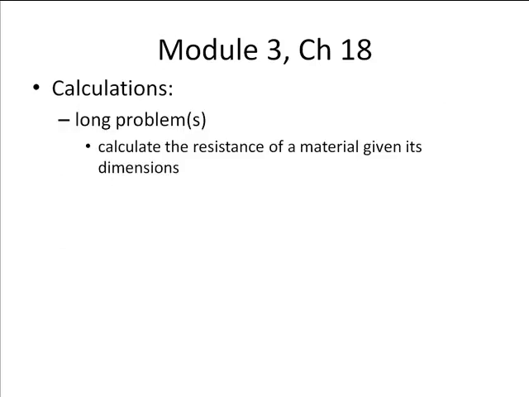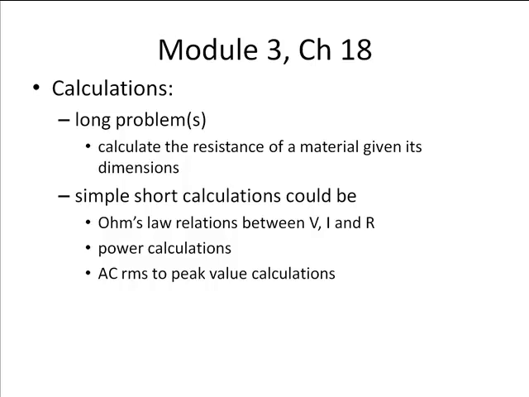Well, the longest kind of question I could give you would be one where you calculate the resistance of a material given its dimensions. And short calculations could be something where you're doing an Ohm's law calculation with either calculate I given V and R, or R given V and I, for example. Calculate the power used in something. For alternating current, calculate the RMS values or the peak values if you're given one or the other.